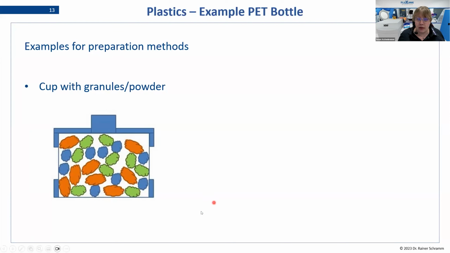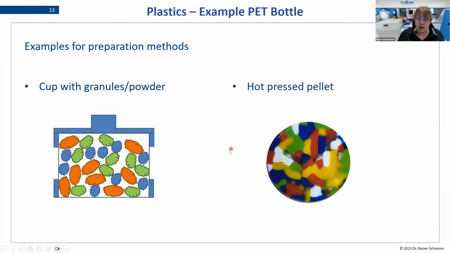That's the big advantage, that it's so easy. There are some disadvantages, for example, particle size effects or effects because of the air in between the particles. So this also has to be kept in mind when doing this kind of analysis, but it's very fast screening.